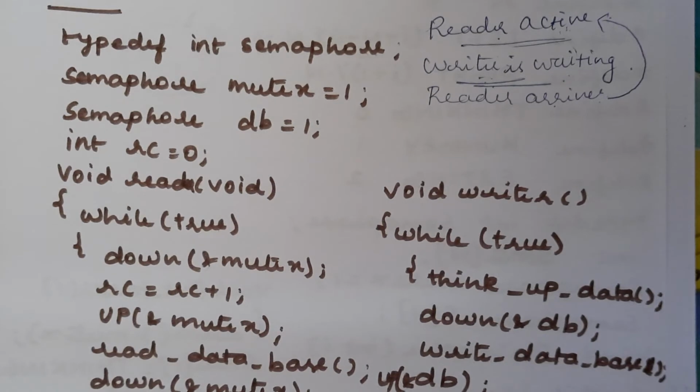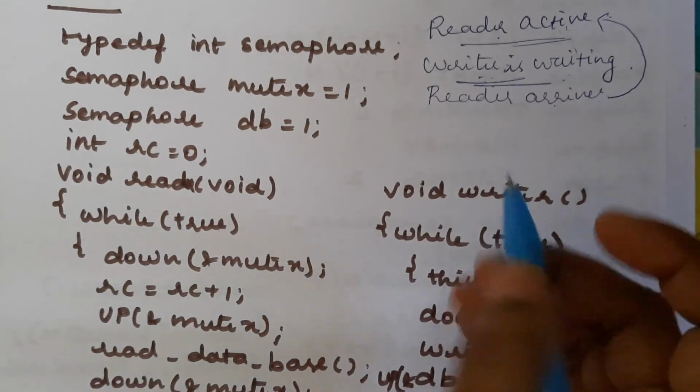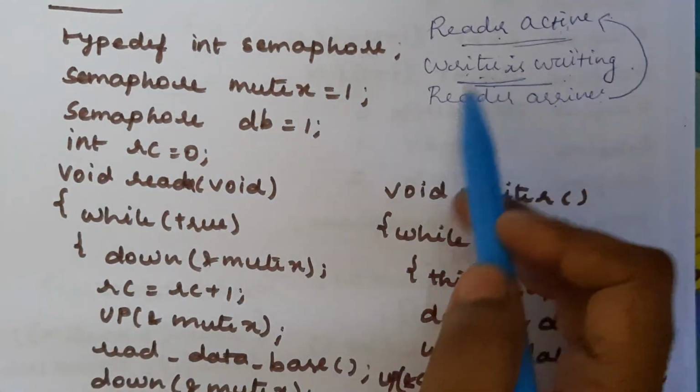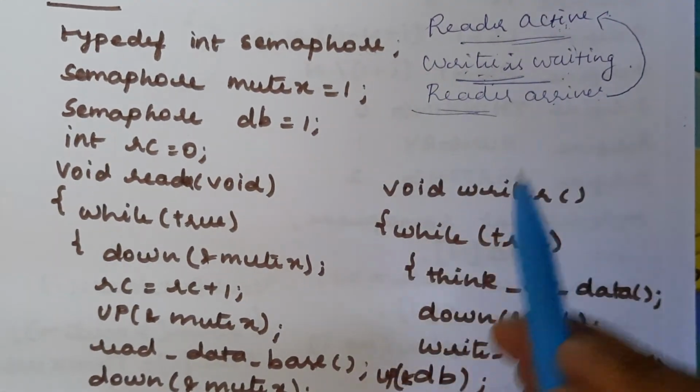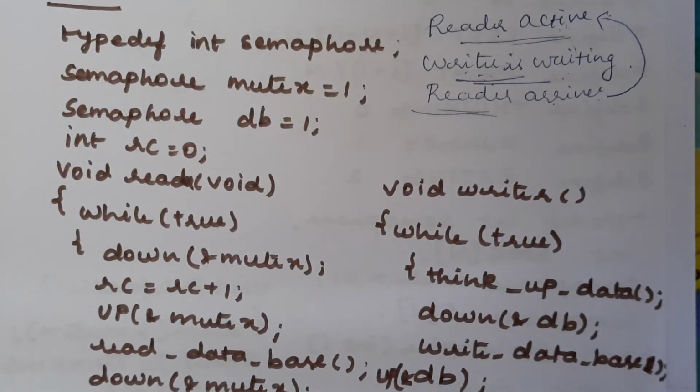So what does it mean? Writer process is actually waiting for indefinite time. It cannot perform the writing operation until the completion of all the readers who came even after this writer. So this also leads to starvation, right?